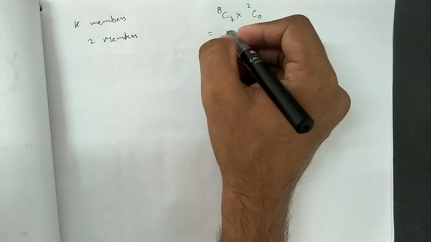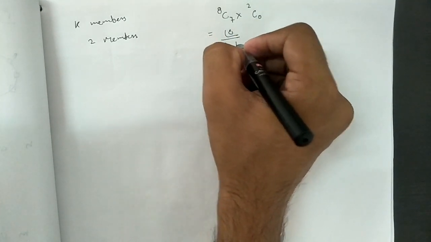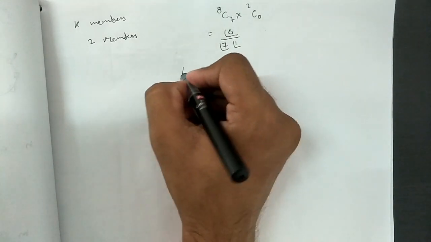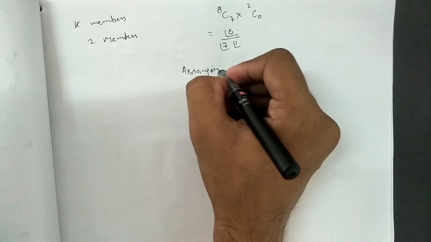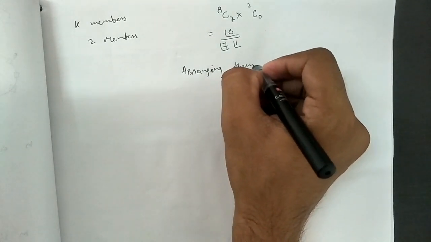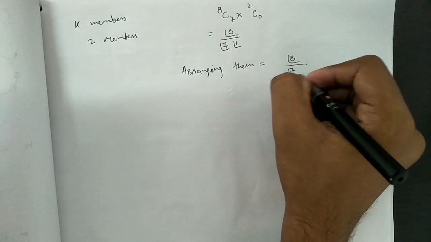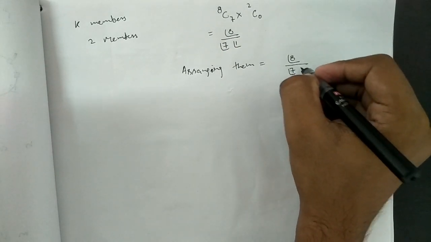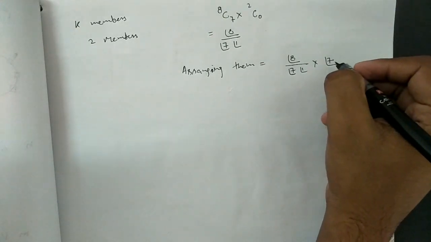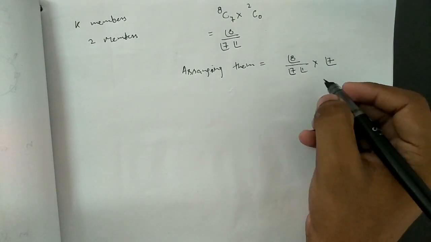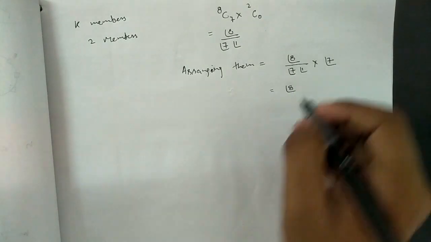So the answer will be 8C7, means factorial 8 upon factorial 7 into factorial 1. And if you are arranging them, the answer will be factorial 8 upon factorial 7 into factorial 1 into factorial 7, because 7 members are available in the party. So the correct answer will be factorial 8 arrangements.